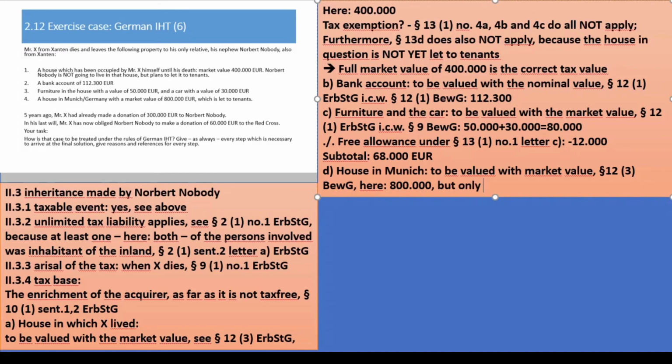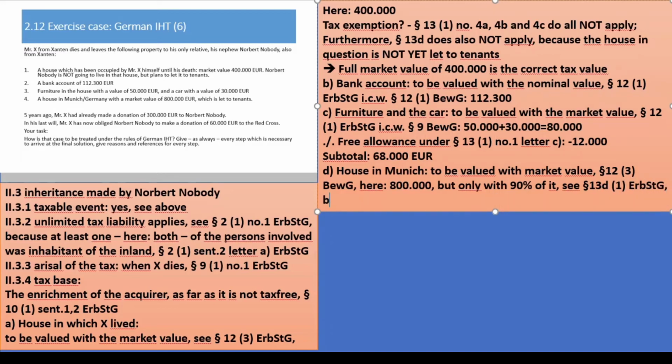800,000, but only with 90% of it. See paragraph 13d1 of the Inheritance Tax Act, because the conditions of paragraph 13d3 of the Inheritance Tax Act are fulfilled.